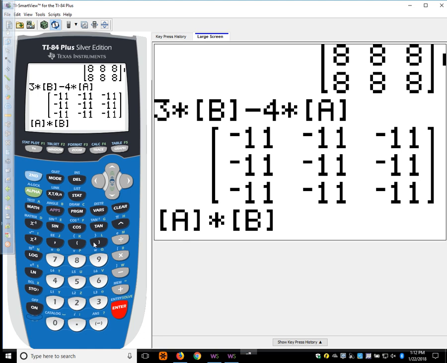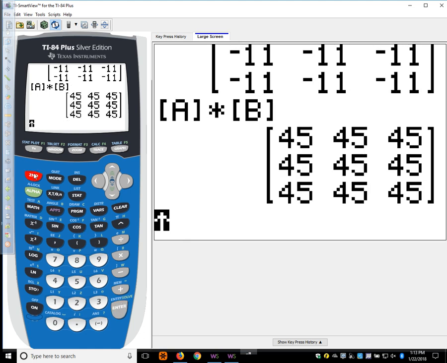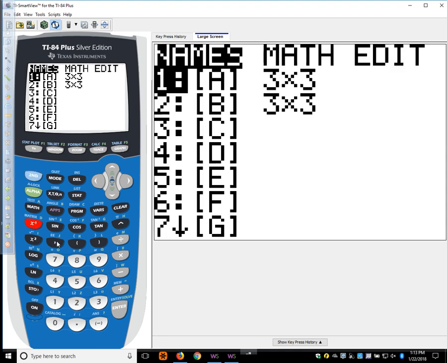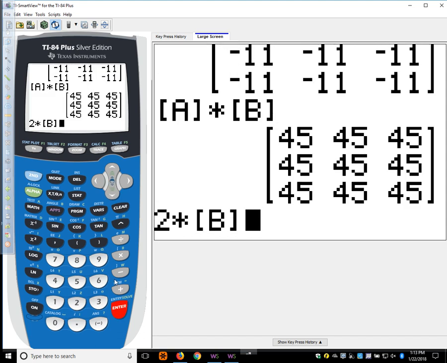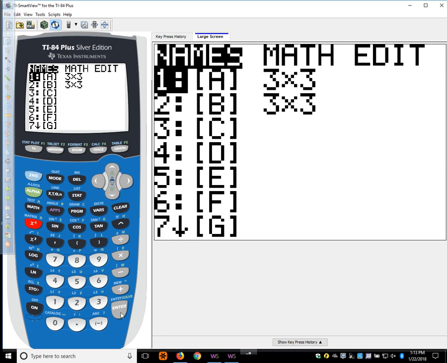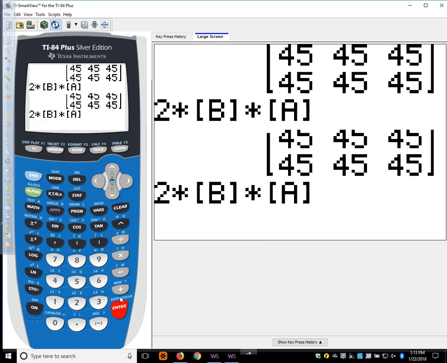We could do something like 2 times B times A. And I get that. So we can type those in just like you type in numbers.